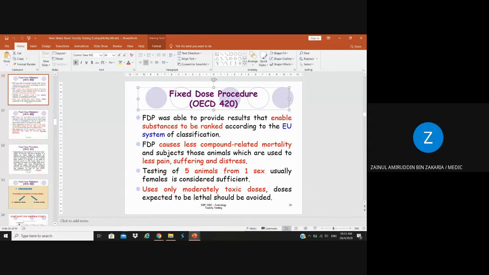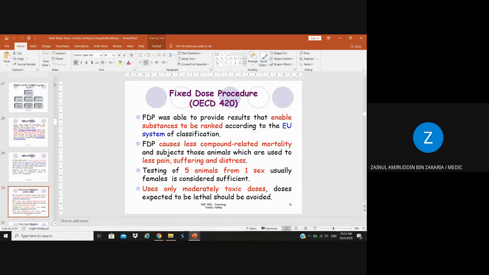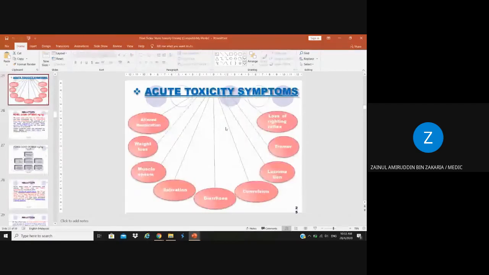So OECD 420 causes less compound related mortality. So you subject the animal to less pain, less suffering, and less distress, because if you look at the sign of toxicity, maybe what you can see is just weight loss, or salivation, or diarrhea. Okay, so you can stop the experiment already at that dose.